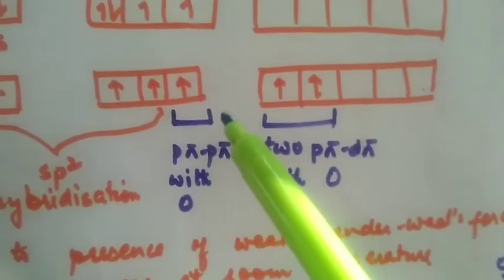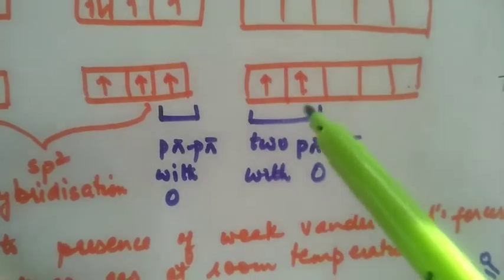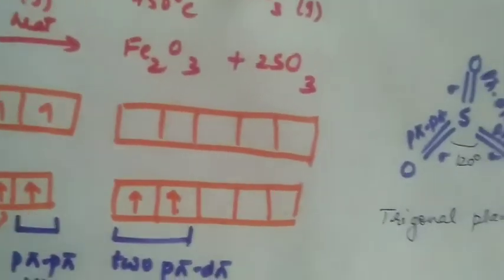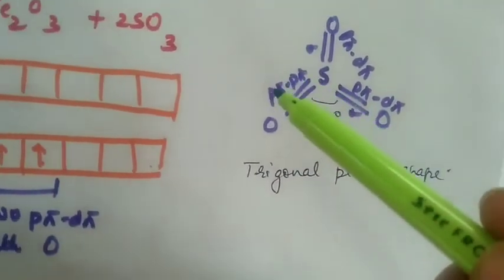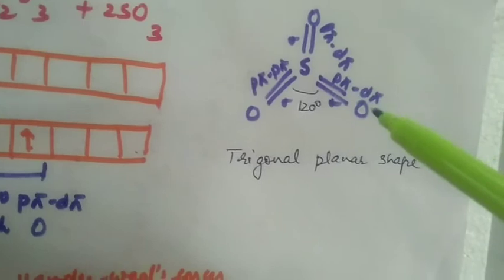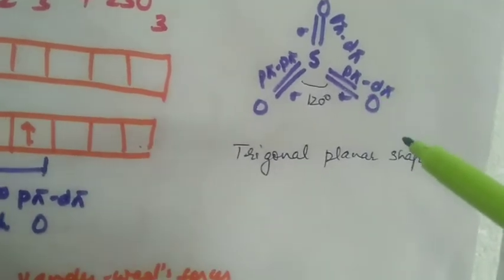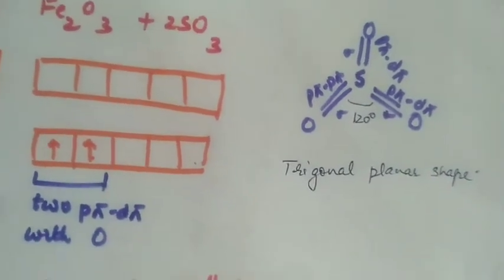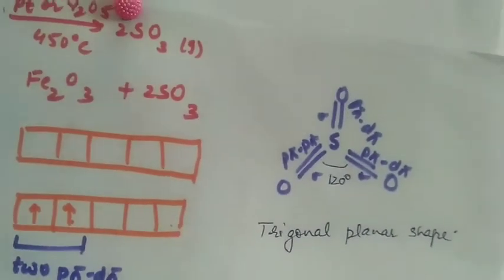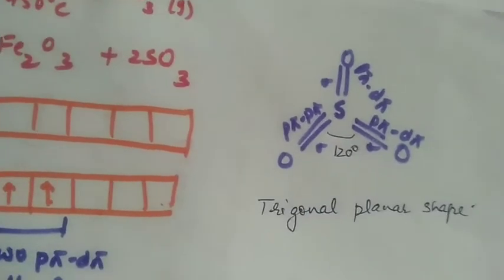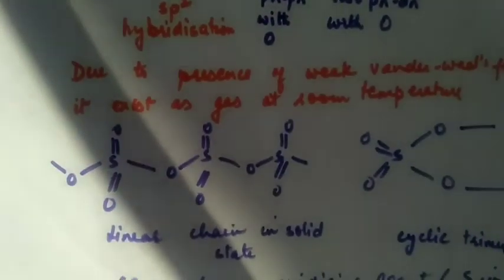The unhybridized one p and two d orbitals will respectively form one p-pi bond, one p-pi-d-pi bond, and the other p-pi-d-pi bond. So two bonds are p-pi-d-pi double bonds and one is a p-pi bond with oxygen. So the structure is trigonal planar. The bond angle is 120 degrees. This is in the gaseous state.